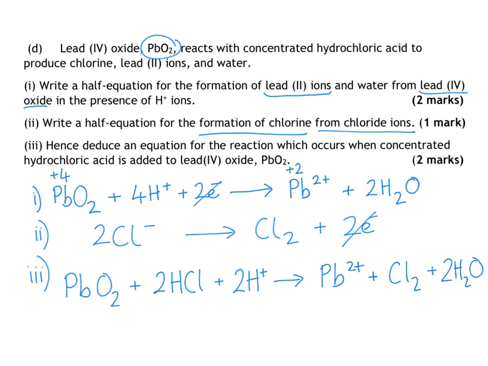Don't be tempted to put your Pb2+ and your chlorine together, because that's chlorine, that's not chloride ions, so you can't stick those 2 together. It's also perfectly acceptable to write your 4 H pluses and your 2 Cl minuses separately on the left with your PbO2, so that would be acceptable as well.